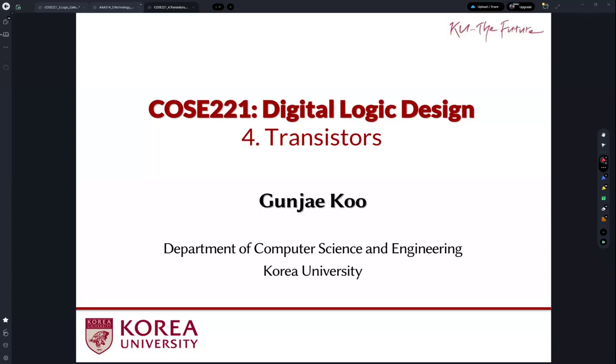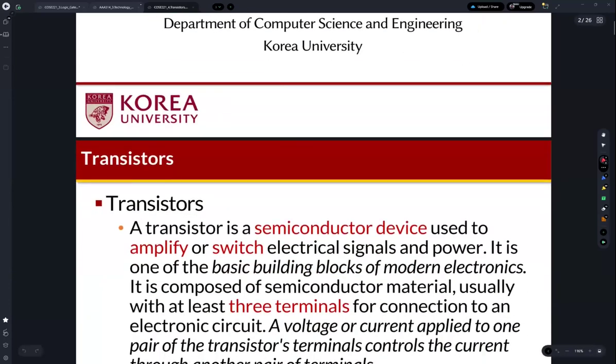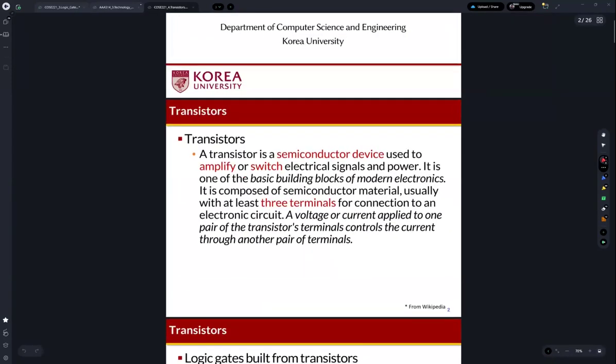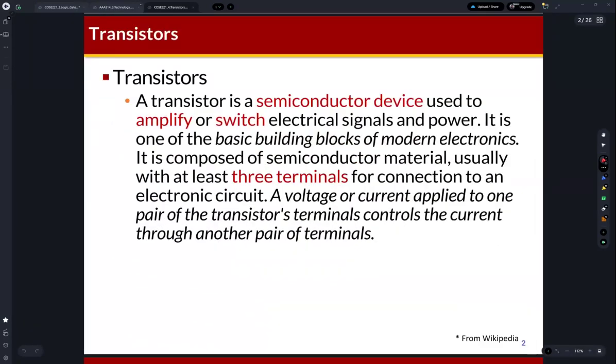So what is that? Have you ever heard about the transistor? What is a transistor?